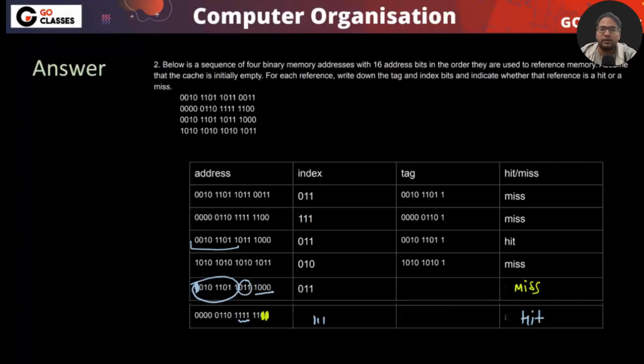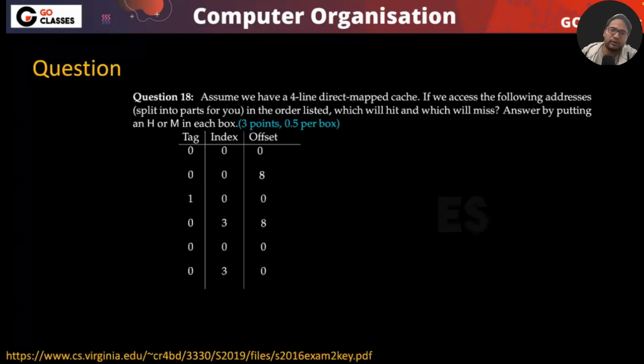Okay. Now let's see this particular question, which I have taken from this university. So what they're saying is, let's suppose you just have 3 bits of address. Okay, not 3 bit, this is 38. There are multiple bits. So they're saying, assume we have a 4-line direct mapped cache, which means there are only 4 lines. Which means for the index bits, how many bits do you need?